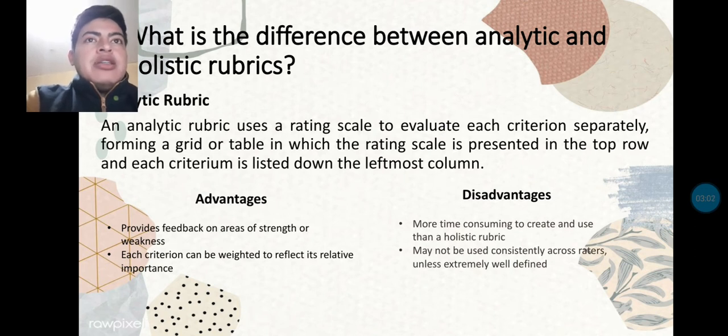The advantages of using these rubrics are that they provide feedback on areas of strength or weakness, and each criterion can be weighted to reflect its relative importance. The disadvantages are that they are more time consuming to create and use than a holistic rubric, and may not be used consistently across raters unless extremely well defined.